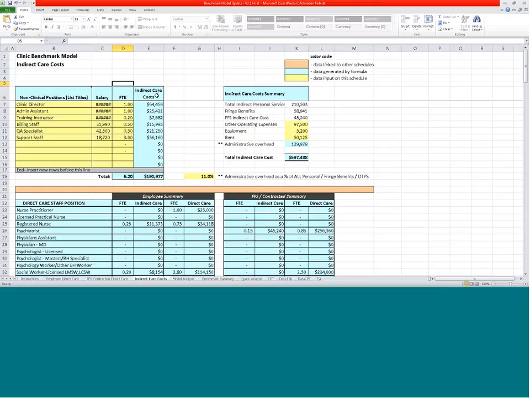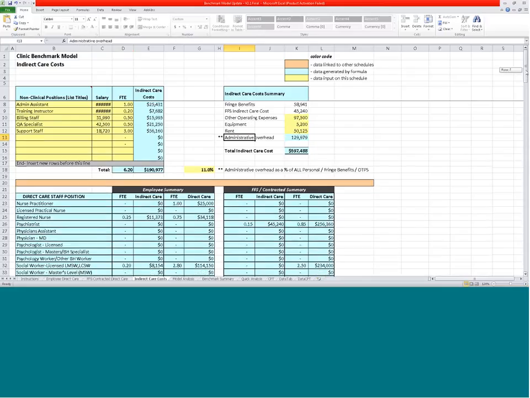We then use a fringe benefit rate to calculate what the cost would be, and then you take a look at your other operating expenses, and then break out rent separately and any admin you have, based usually upon the agency admin percentage that you can find on your CFR for an OMH program. So it's relatively simple to build this up. It's relatively simple to do the data entry.